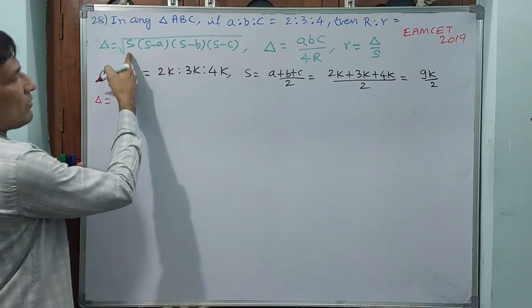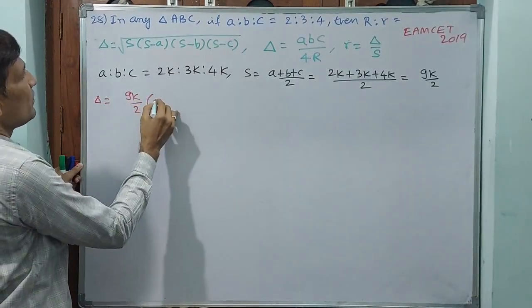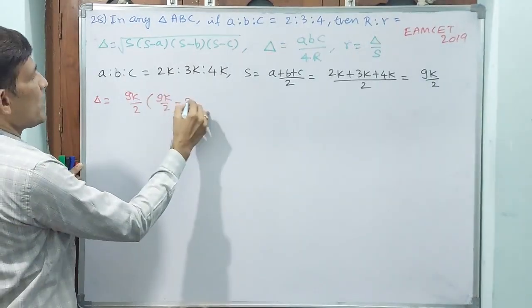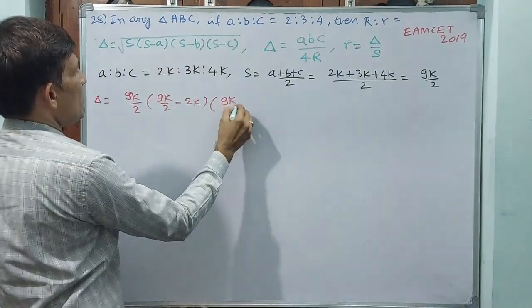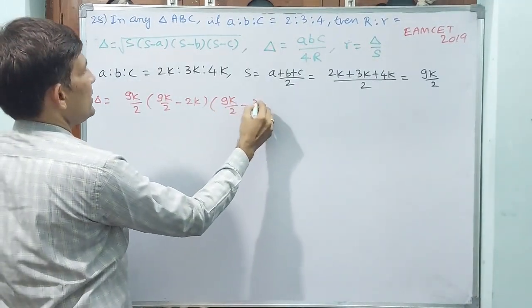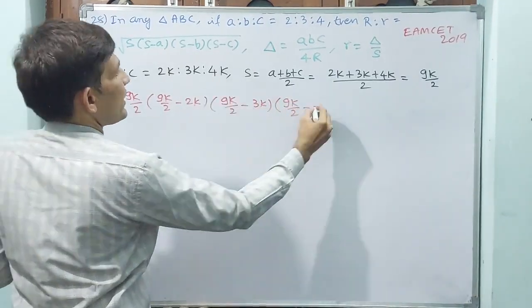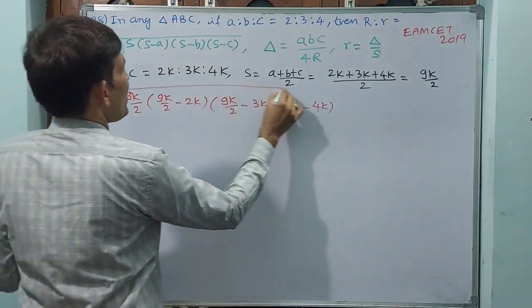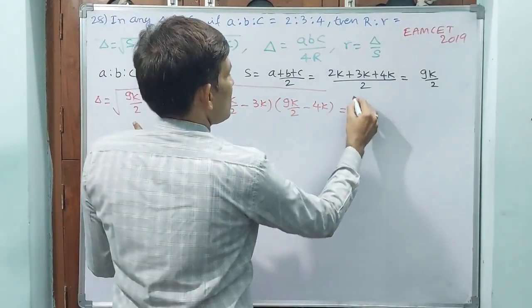Delta is equal to 9k by 2 into 9k by 2 minus A, 2k, into 9k by 2 minus 3k, into 9k by 2 minus 4k. Close and apply square root. That is equal to 9k by 2 like this only.